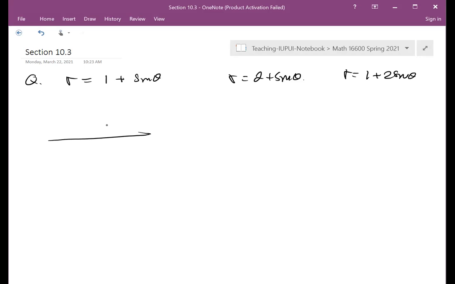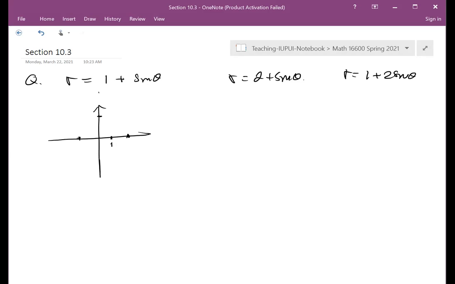So for the first one, it looks like a heart. When theta equals 0, r is 1. When theta equals pi over 2, r will be 2.